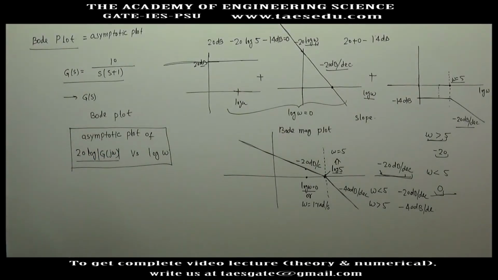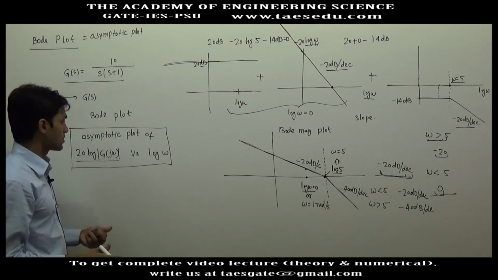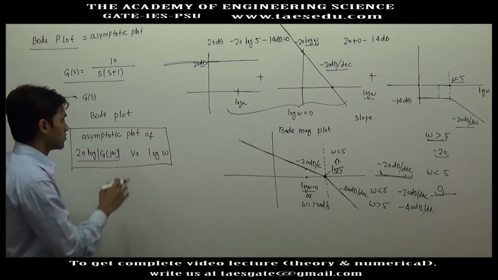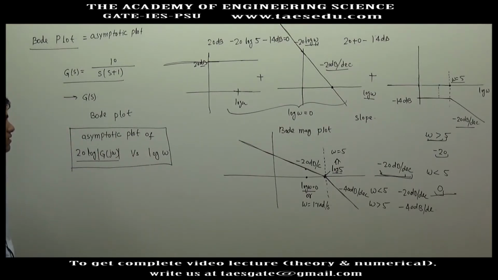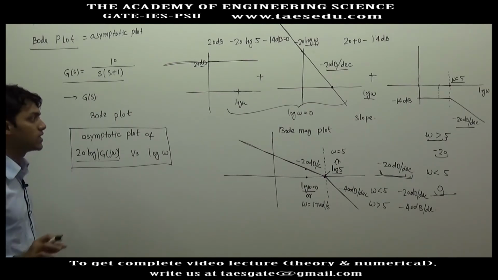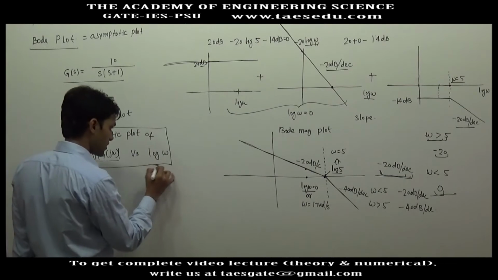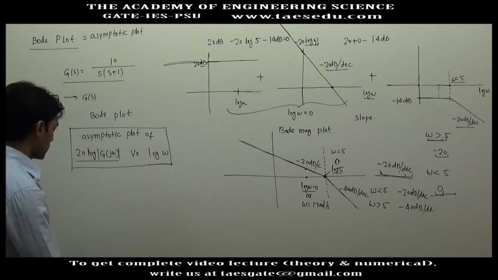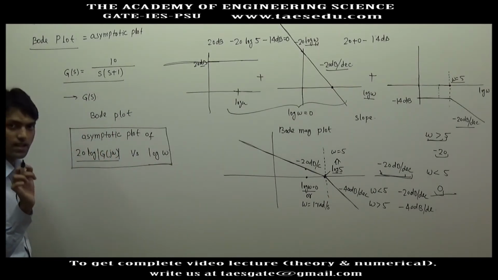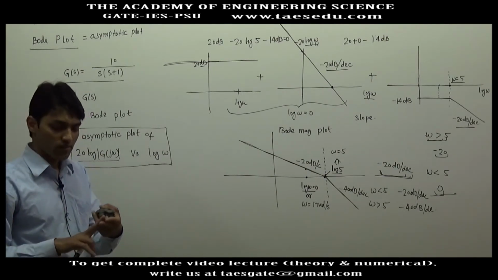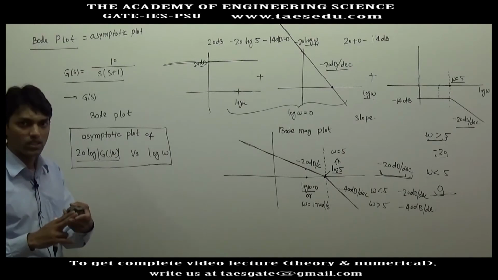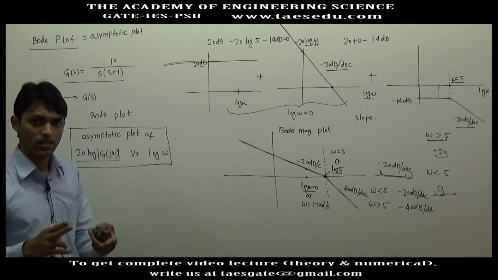Okay, and there may be many asymptotes corresponding to each term. So at which point which asymptote will be valid? How will you find it? You will draw all the asymptotes, and where two asymptotes meet, that point will be the boundary of validity for each asymptote.